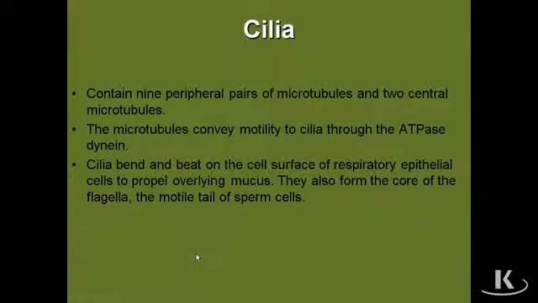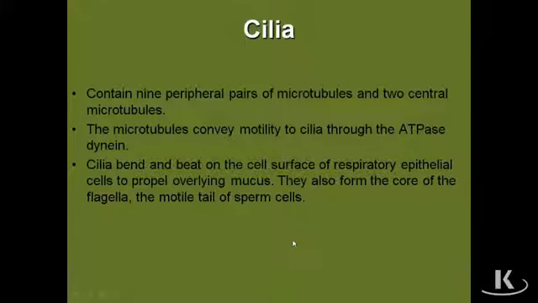Lastly, how are true cilia different than microvilli? The answer is true cilia are larger because, unlike microvilli that contain a core of actin microfilaments, true cilia contain pairs of microtubules, typically in the arrangement where there are 9 peripheral pairs of microtubules that surround a central pair.